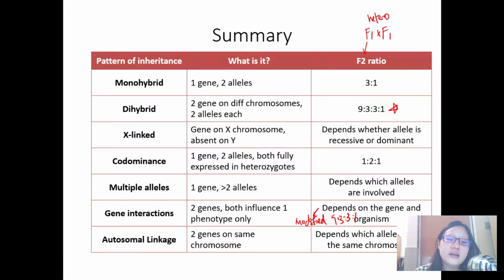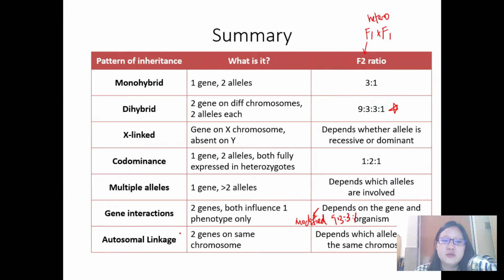Now, last but not least, we have autosomal linkage, which is the idea that two genes are on the same chromosome. So they are more likely to be inherited together as they are considered linked genes. Now, don't be confused. Autosomal linkage is different from when we say autosomal recessive or autosomal dominant.